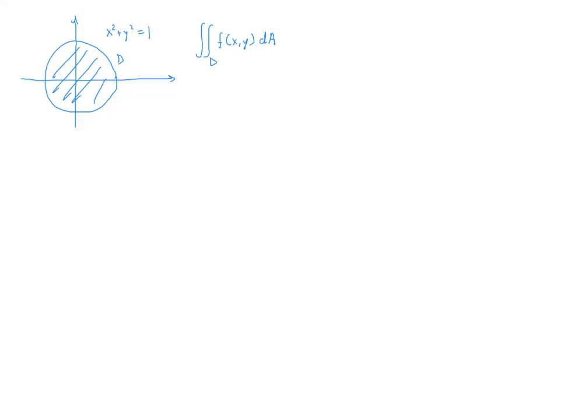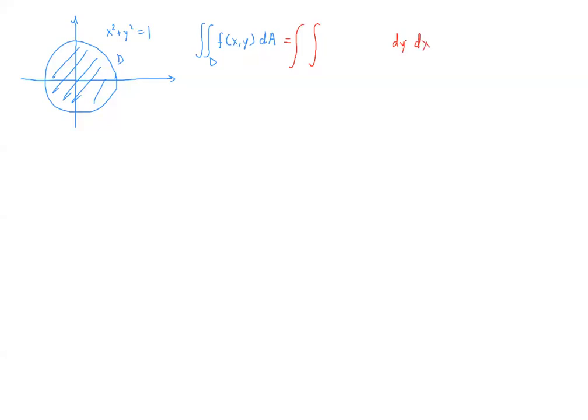So what are we going to do? First of all, we're going to choose the direction over which we're going to integrate first. And let's say, for the sake of the argument, that we decide to integrate first with respect to y, and then with respect to x.